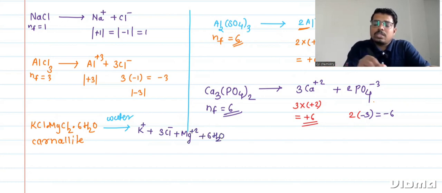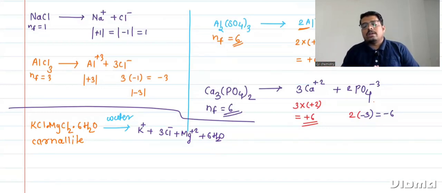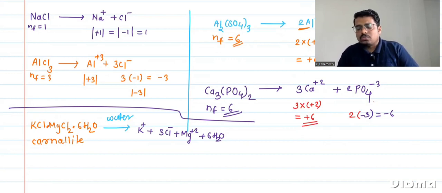The 6 water molecules remain as they are because water is a highly stable molecule. Only partial dissociation takes place. So here we are considering the total charge on cations or anions only. We are not calculating the charge on water.